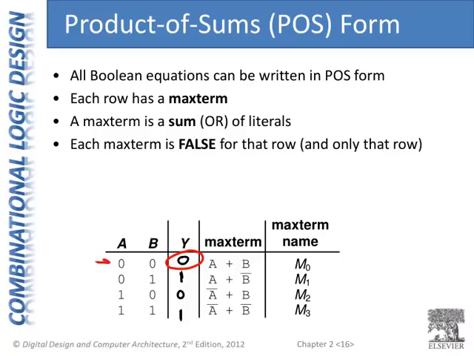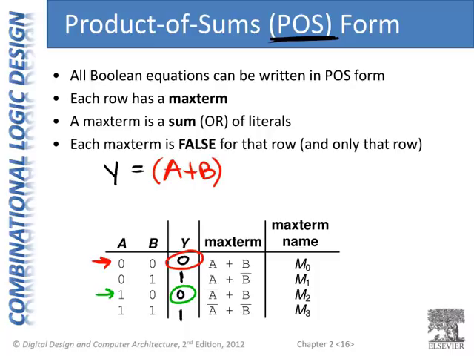So we want it to be 0 when A and B are both 0. We also want the output y to be 0 when A is 1 and B is 0. So we can write our product of sums form of the equation as y equals, well, that top max term, A or B.